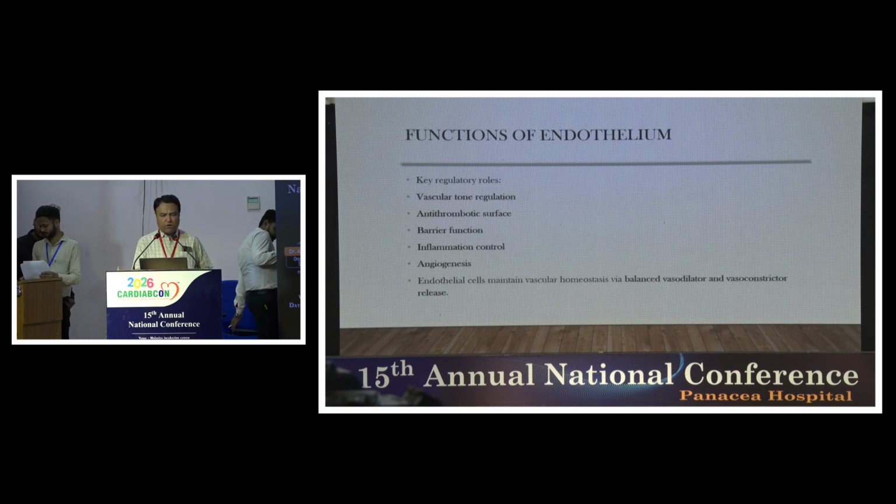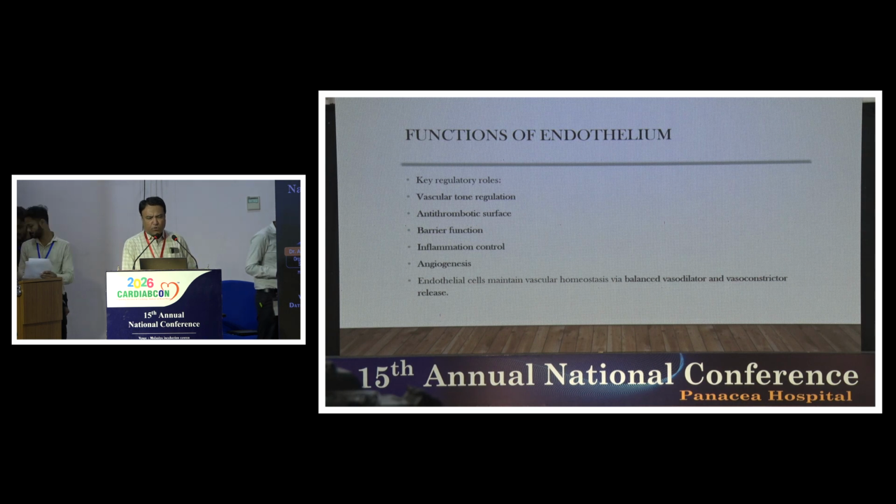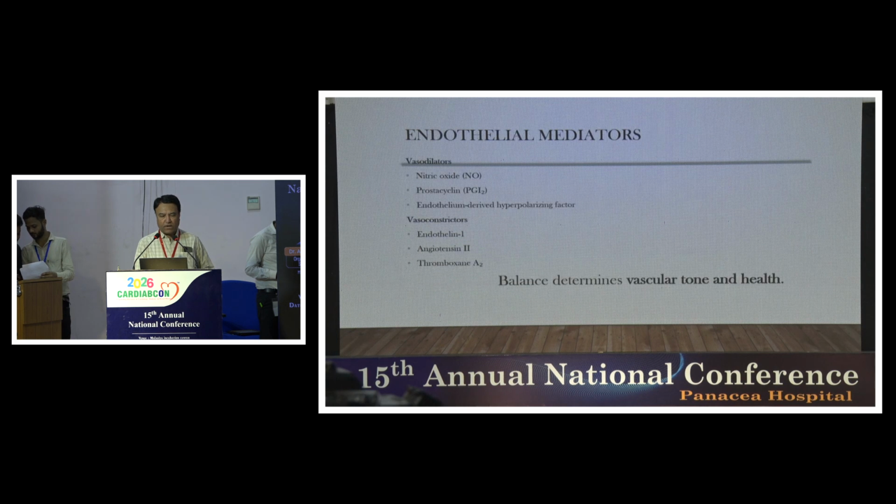The function of the endothelium is to maintain the vascular homeostasis via a balance of vasoconstrictor and vasodilator. These are the substances which are released from the endothelium itself, and the vasodilator substance, as the afternoon lecture has stressed, is nitric oxide.